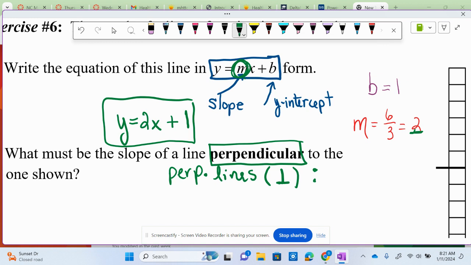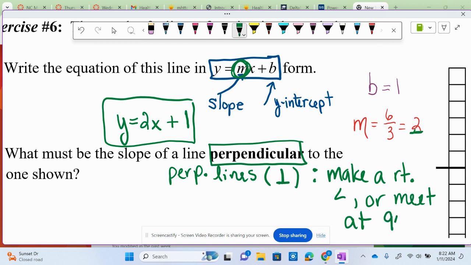They make a right angle. Yeah. So perpendicular lines make a right angle or meet at 90 degrees because that's what a right angle is.